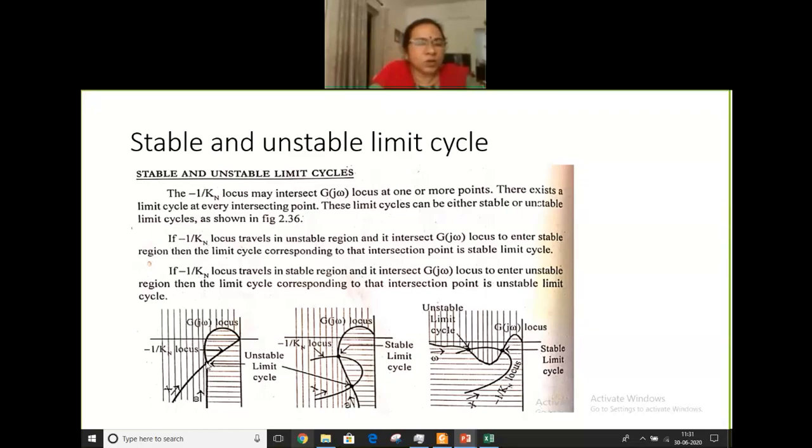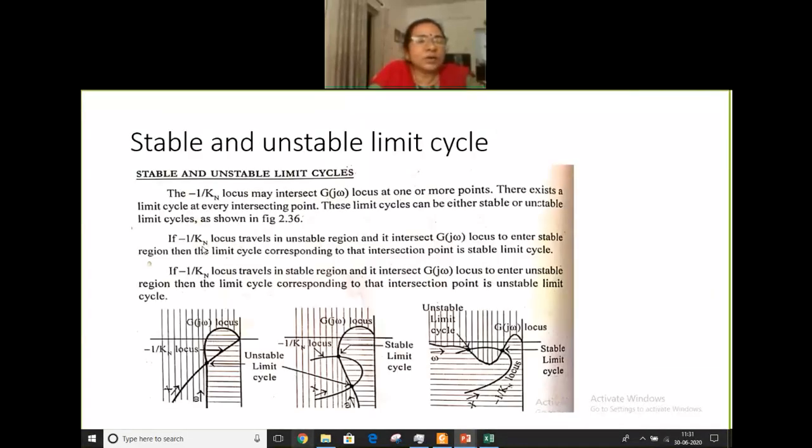Why? Because the minus 1 by kn locus travels in the unstable region and intersects the g omega locus to enter the stable region.